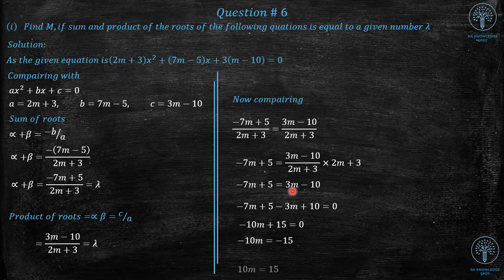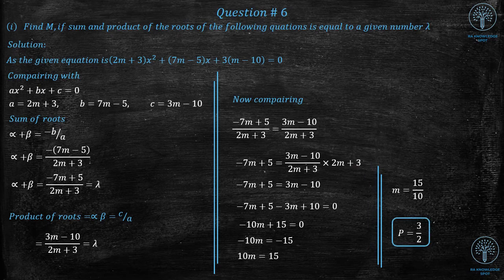Now you just shift them towards the other side, and here you have the value of m. After simplification, that is 3 by 2.